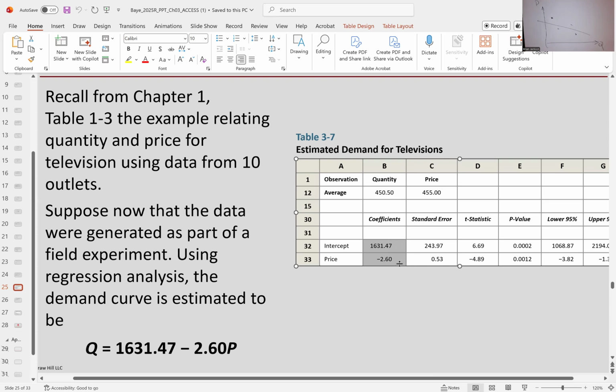In this case, the two cells I have highlighted tell you that this line of best fit has the form Q equals 1631.47 minus 2.60P.